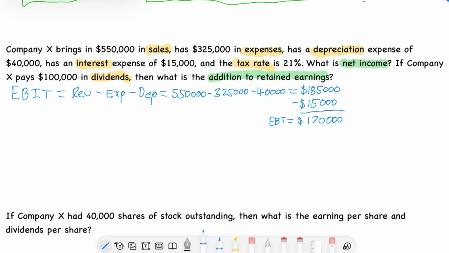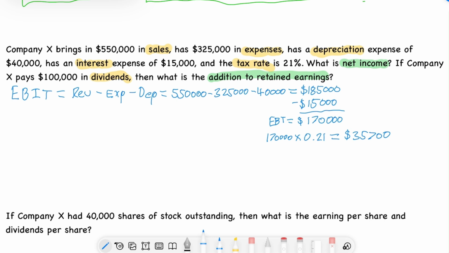So we're going to take the $170,000, and we're going to multiply it by our tax rate. This is our taxable income, the $170,000. So times 0.21, and that means we're going to get total taxes of $35,700. This is the amount we're going to pay in taxes.